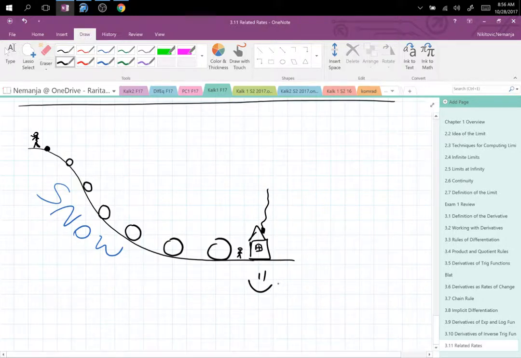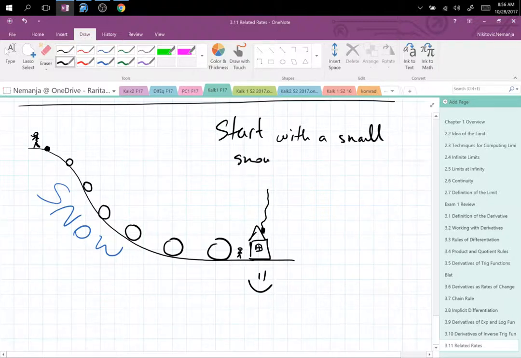So, we can say that we start with the snowball. So small snowball. Which we drop down the hill.